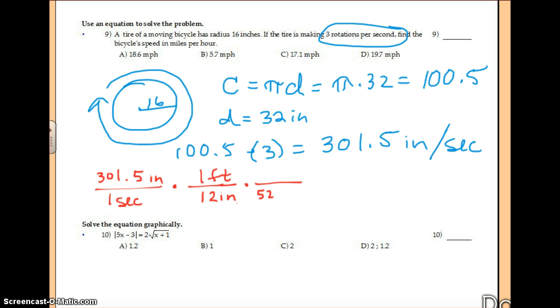There are 5,280 feet in 1 mile. And so that'll get rid of my inches and my feet and give me miles. And then I want to get rid of my seconds, and I want to change my seconds to hours. I know that there are 60 seconds in 1 minute and 60 minutes in 1 hour.